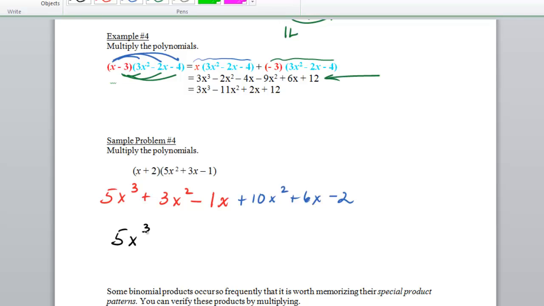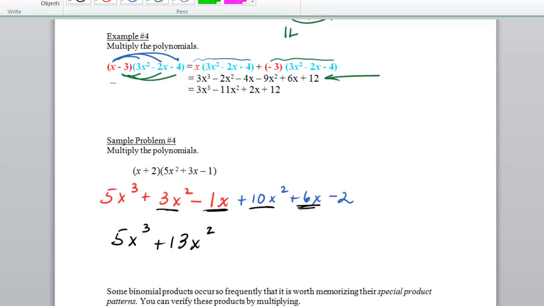So that I write this in standard form, I'm going to look for the terms that should be next in order. I did x to the third as the highest exponent. Now I'm going to look for all my squared terms. I've got 3x squared and 10x squared, so that's 13x squared. Then I'm looking for my x's.